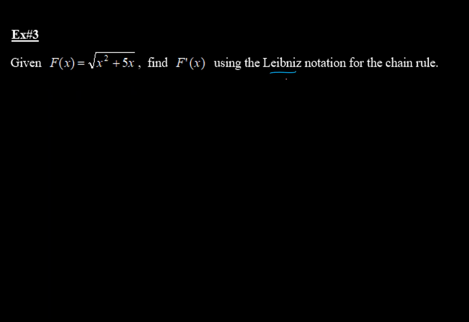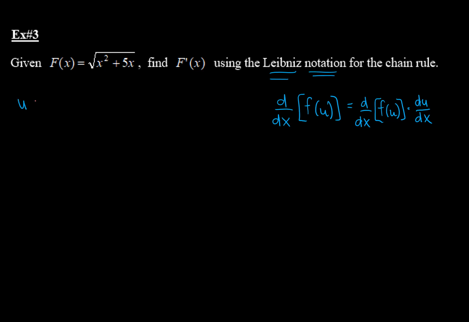So using the Leibniz notation, that's where we take the derivative with respect to x of that function of u, and then what we do is we get the derivative with respect to x of the function of u, but we also take the derivative of the inside, or the derivative of u with respect to x.